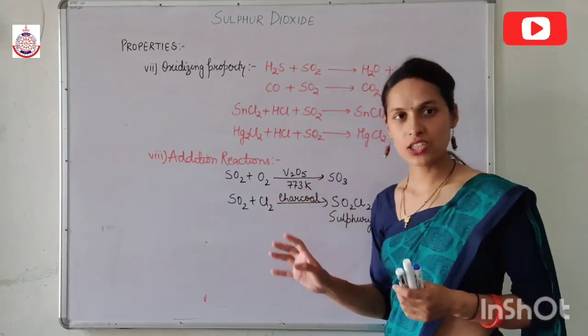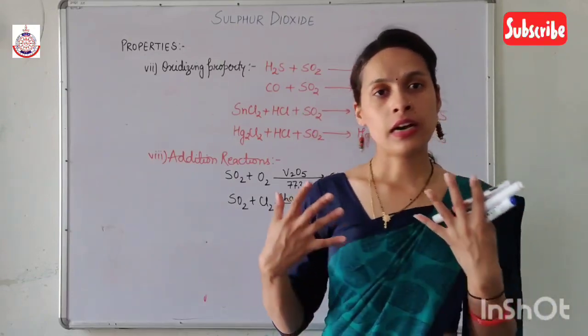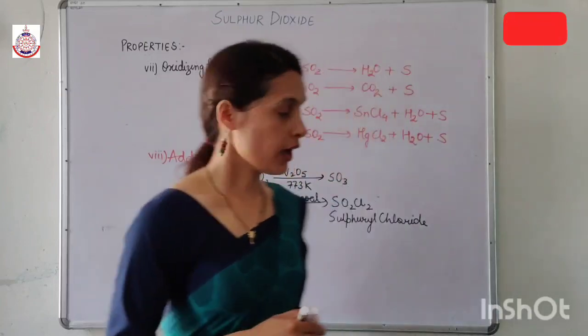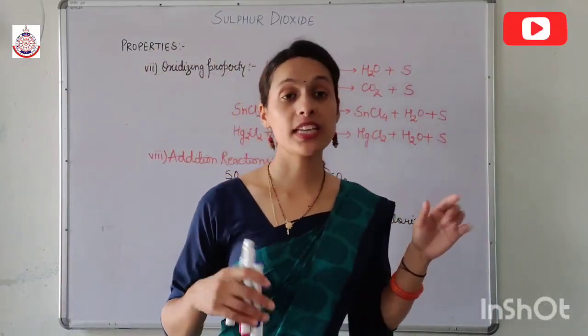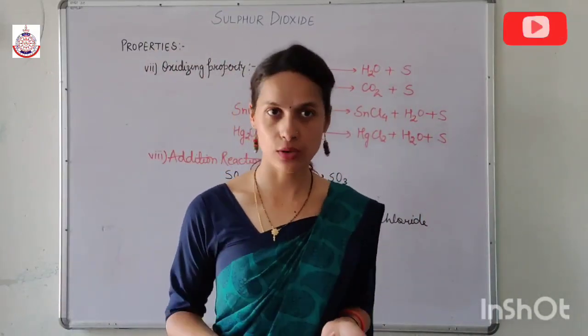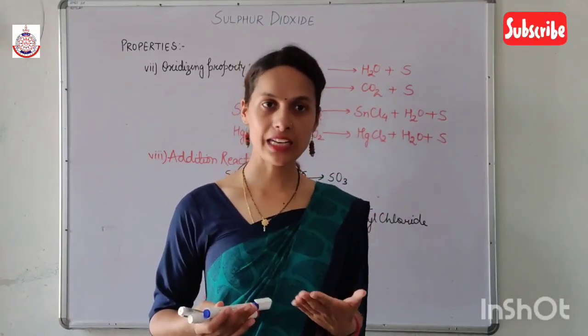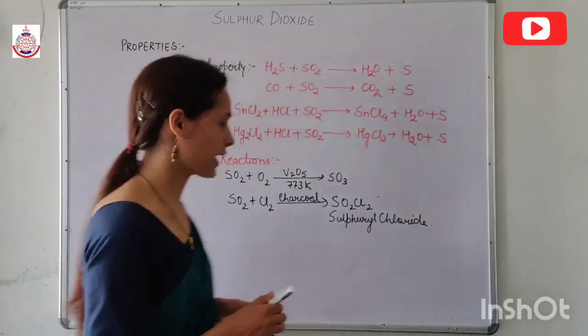So these are the addition reactions in which two reactants combine to form a single product. Now, through sulfur dioxide, we can prepare thionyl chloride also, which is an important reagent.